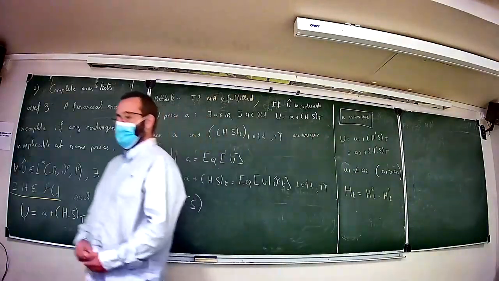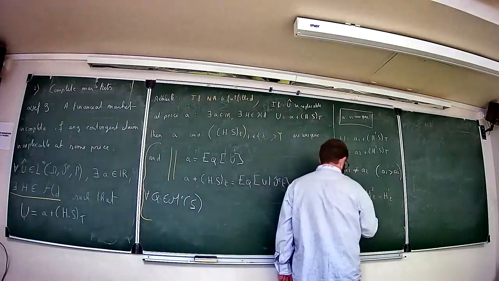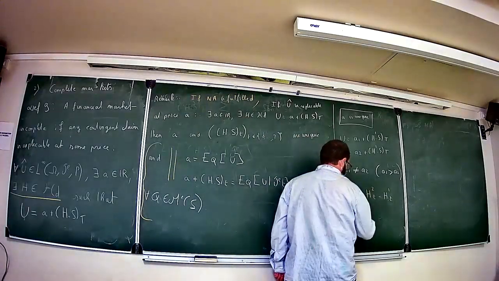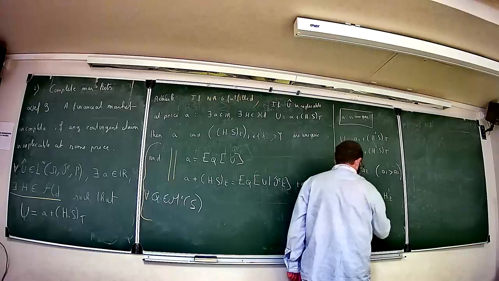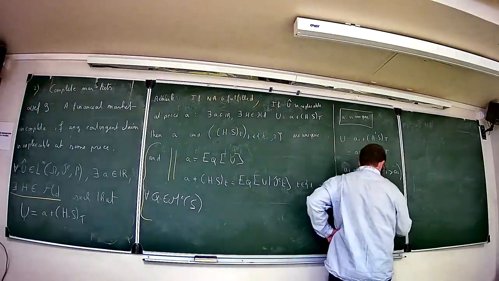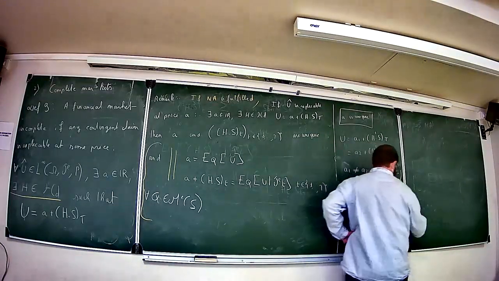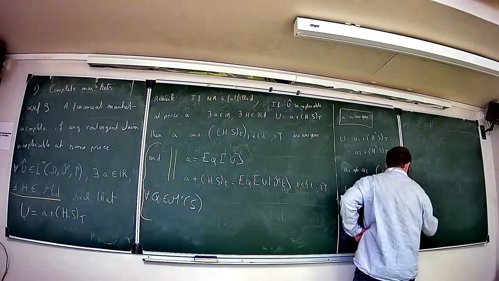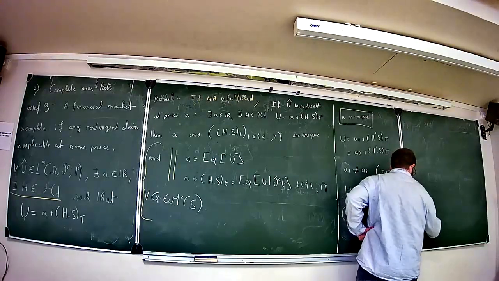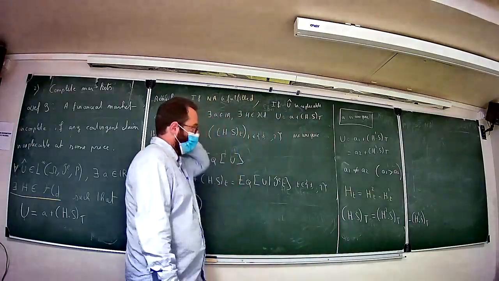And what I obtain at the end, if I have a look at H^S_T, it is equal to what? It is equal to H2 S_T minus H1 S_T. And what can you say about this one?